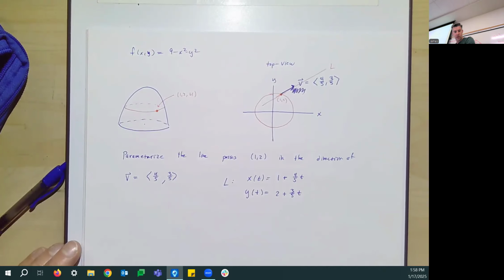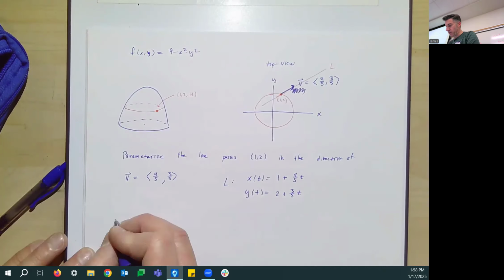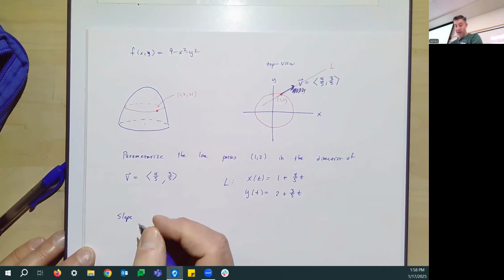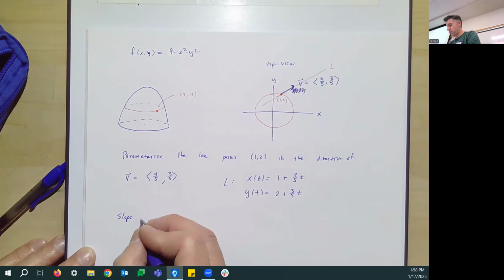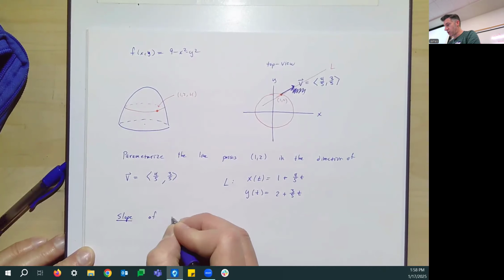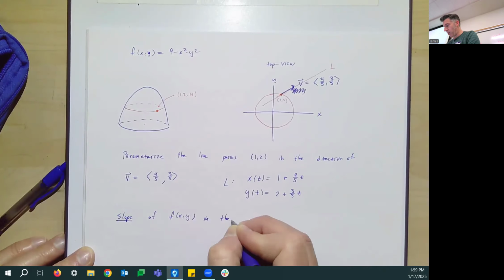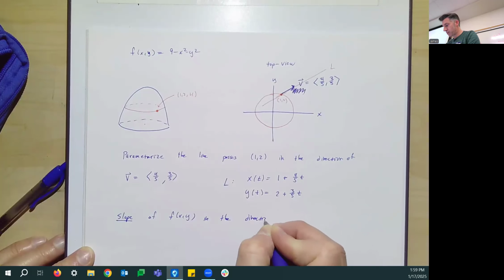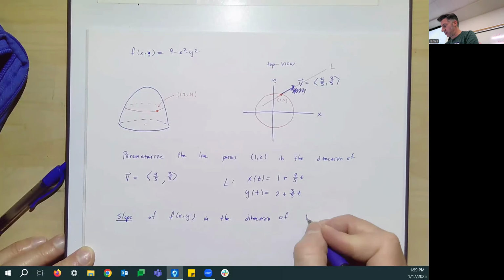Okay, we're almost there, I promise. So now, here's what we're going to do. We're going to find the slope, aka the derivative of the function f of x comma y in the direction of this vector v.